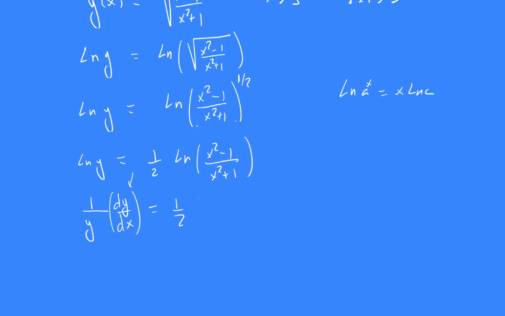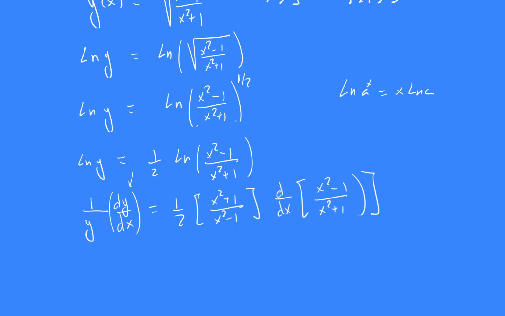So it will be x squared plus 1 divided by x squared minus 1 by the derivative respect to the x of the function x squared minus 1 divided by x squared plus 1. Okay.